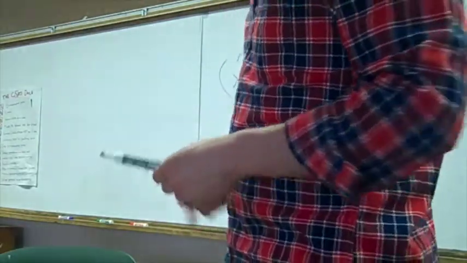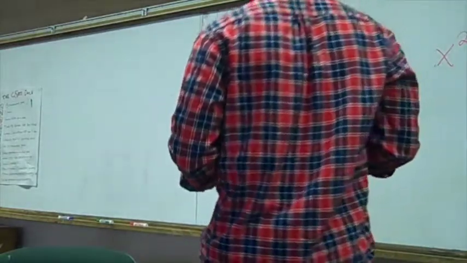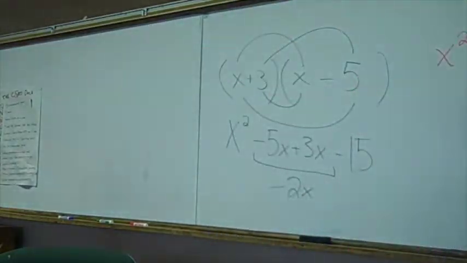So quadratic trinomial, that's the term that the book is going to use to describe this. That means there's 3 terms, which is trinomial, and then the highest power is the second power.